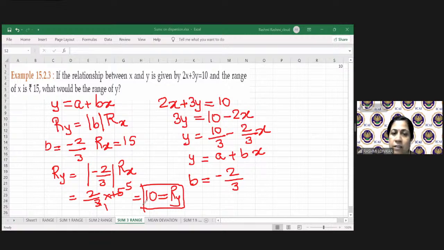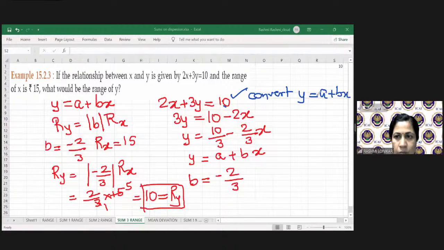So here in this sum, we are doing this, and this is the type of sum that you can get. Remember here, the most crucial thing that you must remember in terms of how to solve is that you have to convert it into the form y is equal to a plus bx. Only then you will be able to find out what is the change of origin.